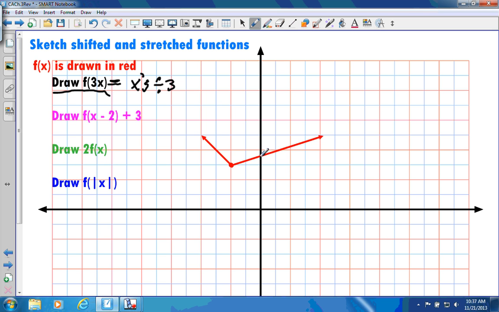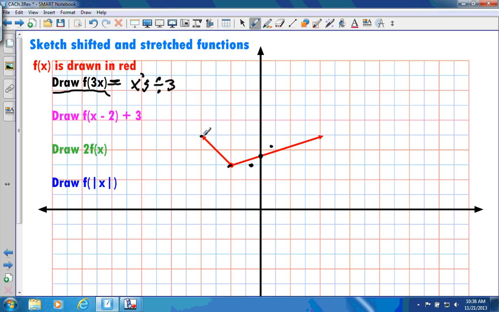So this coordinate here, which is 0, comma whatever, is still going to be here. If you take this coordinate there and divide negative 2 by 3, you're going to get a negative 2/3, which is right there. If you take that coordinate and divide it by 3, that's going to be a positive 2/3. So right there.